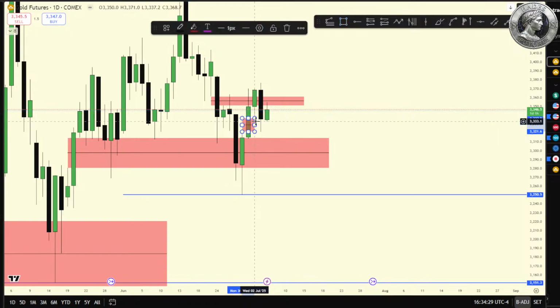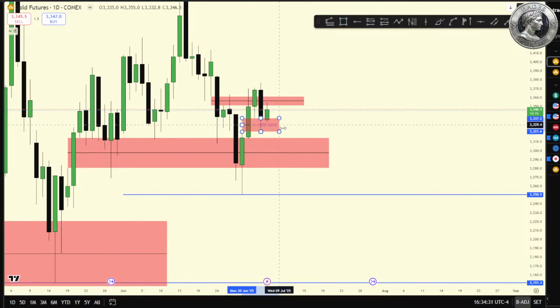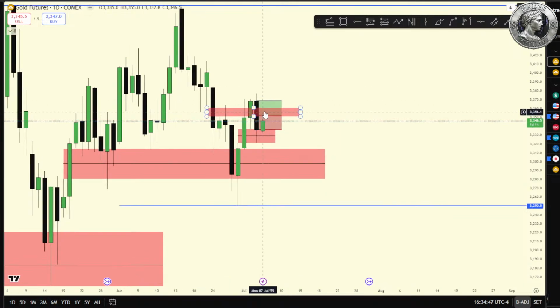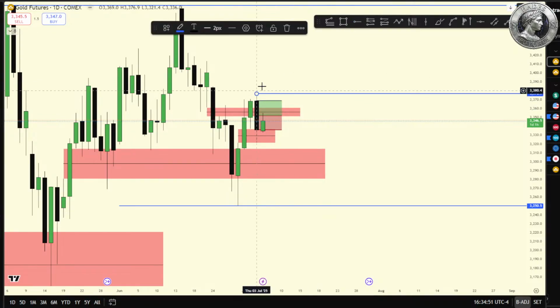I want to see Monday candle from this gap here closing above the 50% of this one. So if this candle now closes here, I will look to take a long to this high and to these guys here.